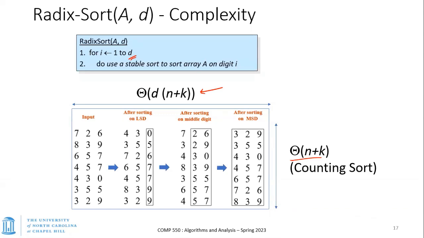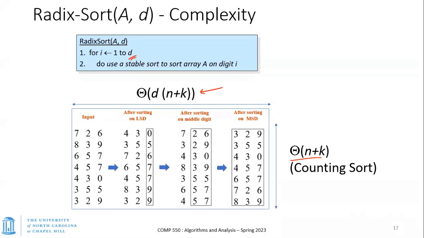Now, right now we're not dealing with binary numbers, remember. We're dealing with decimal numbers. So even for a 32-bit number, D would be relatively small, right? It would be like 3 or 4, because 2 to the power 32 is about 4,000 million.